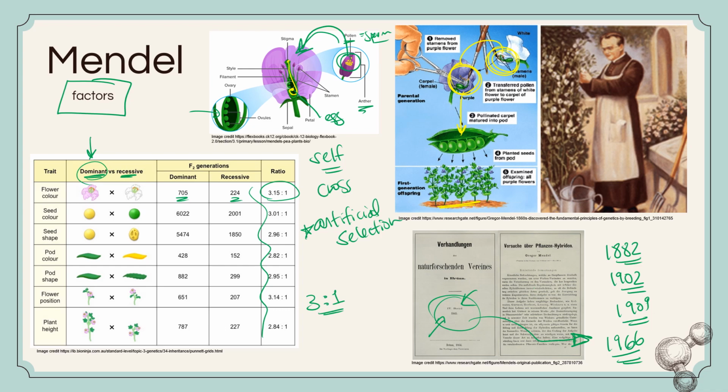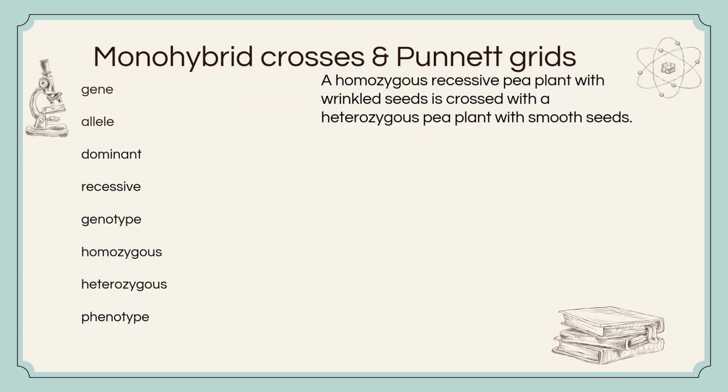Kind of amazing. We're going to take a look here at lots more vocabulary. Genes are sequences of DNA that code for some protein, and that protein is going to influence a trait. Alleles are different forms of genes.